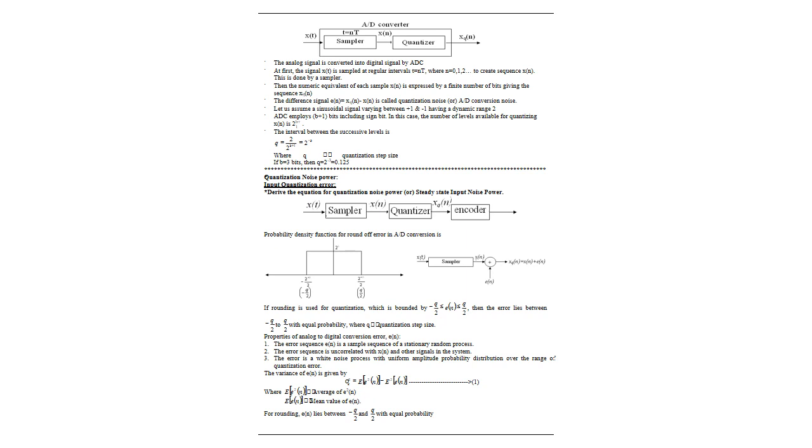The variance of e of n is given by sigma e squared is equal to E of e squared of n minus E squared of e of n. That is, E of e squared of n is the average of e squared of n, and E of e of n is the mean value of e of n. So for rounding, e of n lies between minus q by 2 and q by 2 with equal probability.